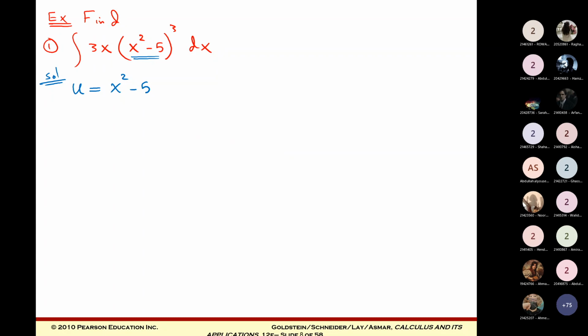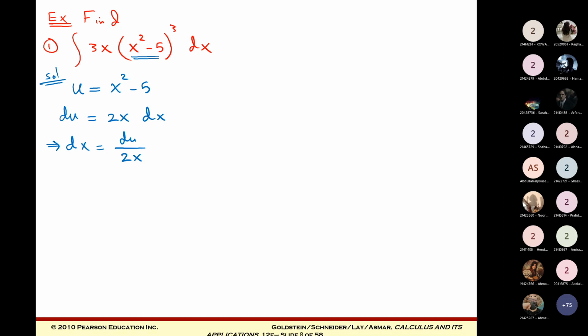Now find the derivative for both sides. Derivative of u is du, derivative of x squared minus 5 is 2x dx. Now we need to find dx. What's the value of dx? dx equals du over 2x. Now we need to substitute two things, u and dx.